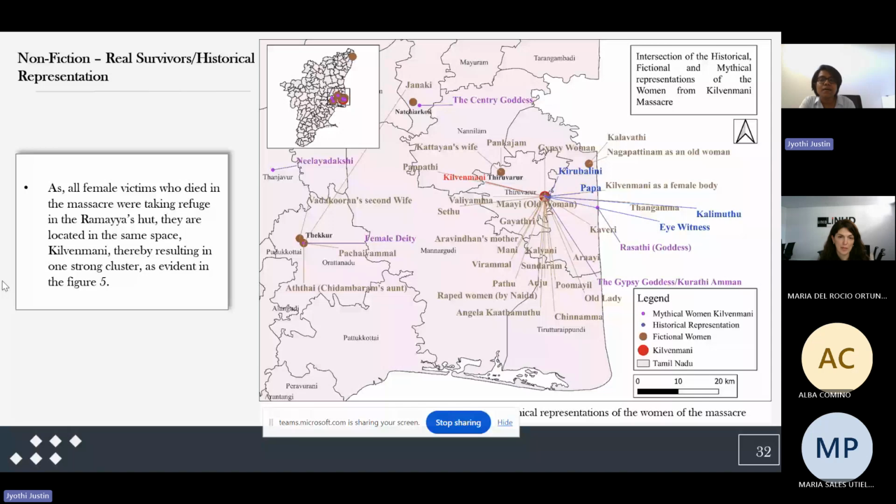Like in this map, we can clearly see how the women are scattered in different places, especially the mythical women and also the historical representations. And in this, if you look, Kirubalini and others like Pachiammal are women who belong to the upper caste.